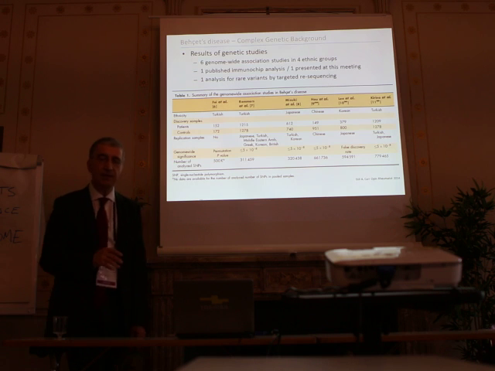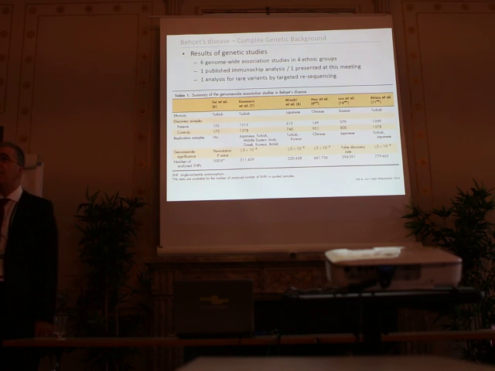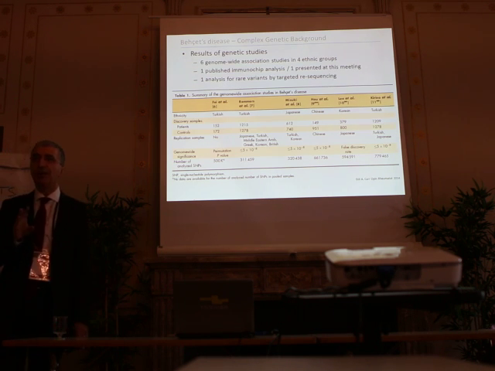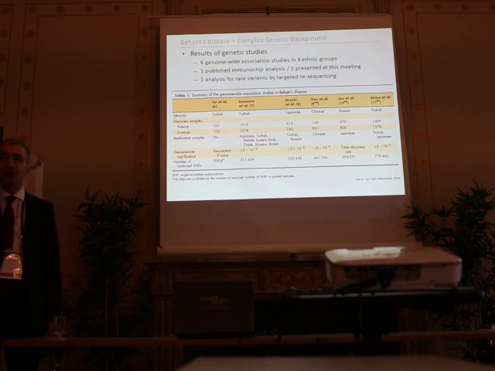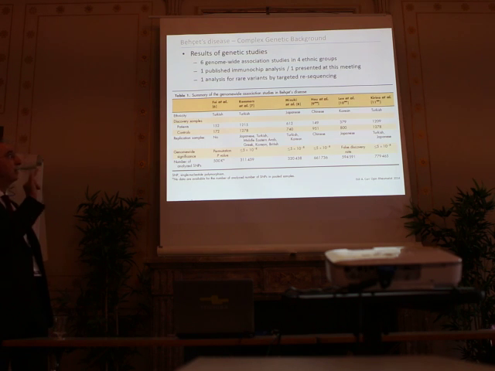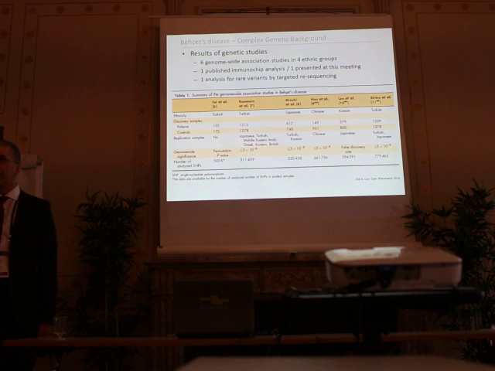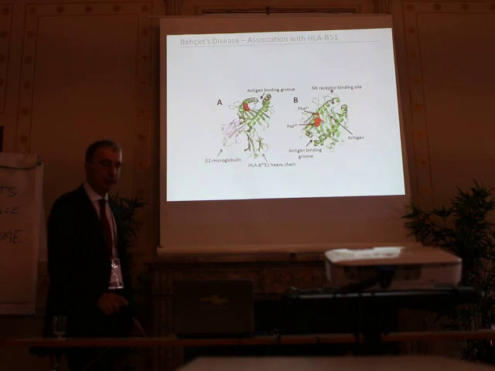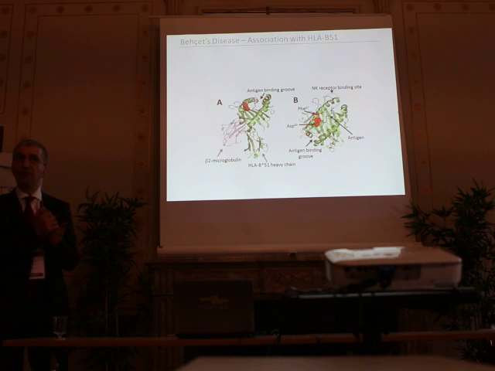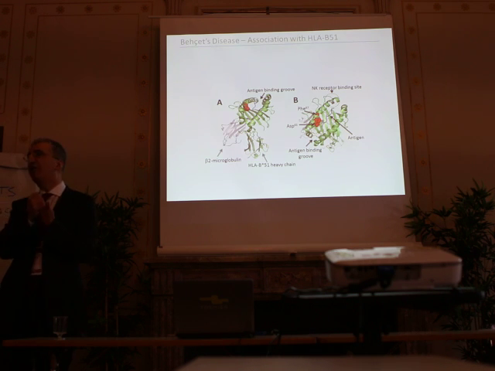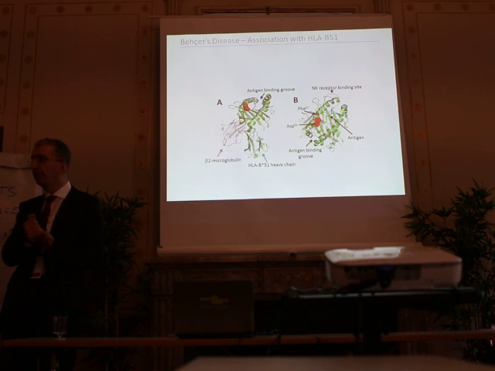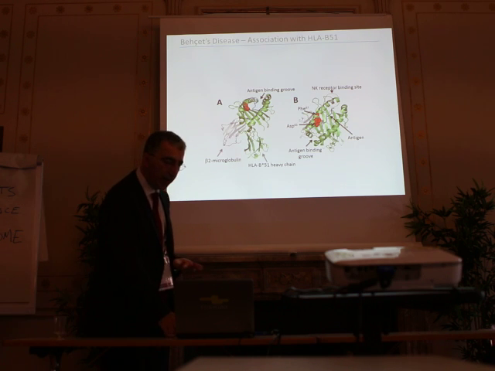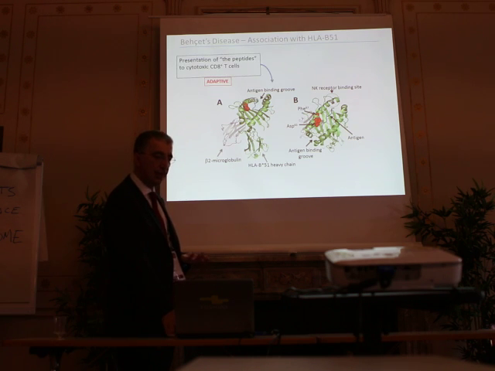So in Behçet disease now we have 6 different GWAS studies conducted in 4 ethnic groups: Turks, Japanese, Chinese, and Korean. And as a summary of these genetic studies, most of them are, again, showing us the importance of HLA-B51.